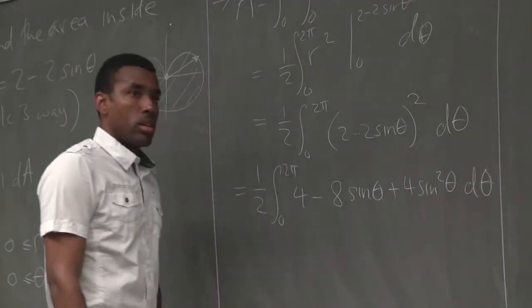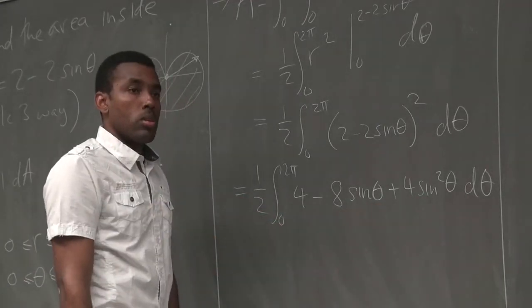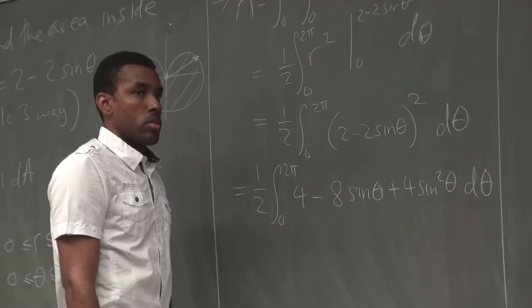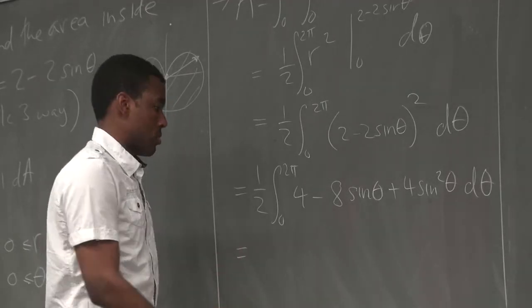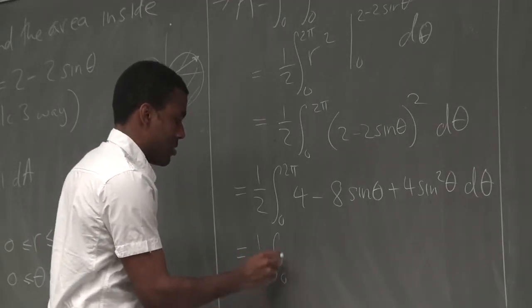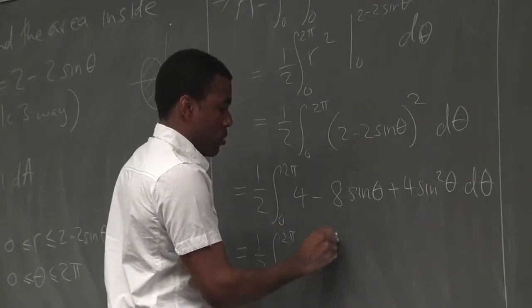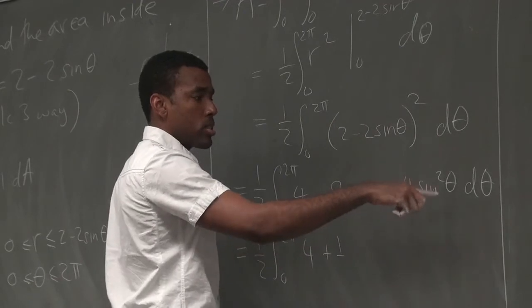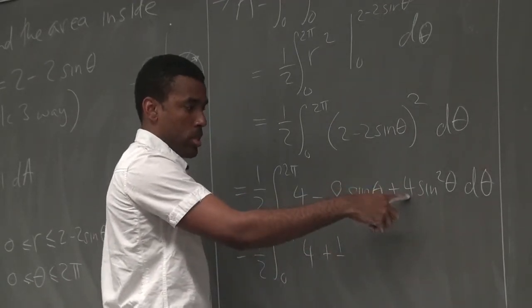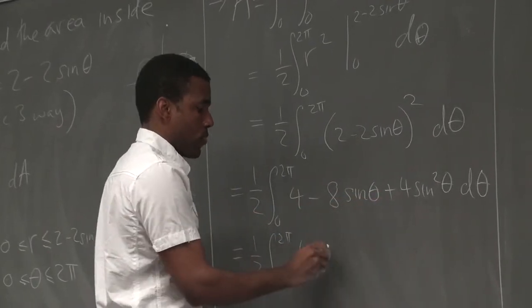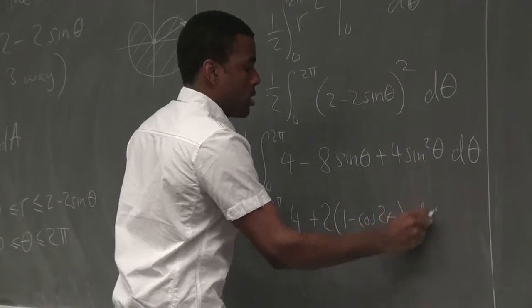And then rewrite sine squared theta as what? 1/2 times 1 minus cosine 2 theta, right? But then the half would kill this. I get 2 here. So it's 1 minus cosine 2 theta d theta.